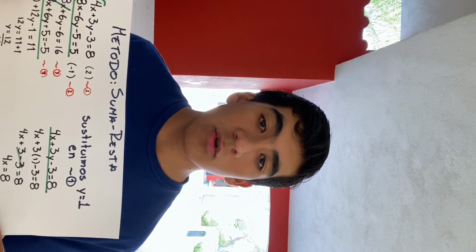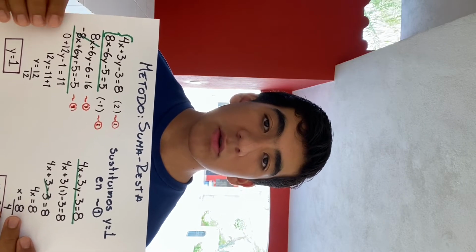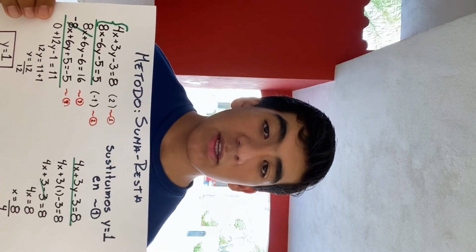Since we have the value of y, which is 1, we substitute y equal 1 in our first equation, which is 4x plus 3y minus 3 equal 8. Then we have 4x plus 3 times 1 minus 3 equal 8. After doing the multiplication, we have 4x plus 3 minus 3 equal 8.